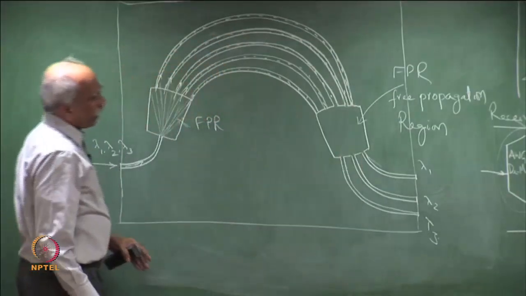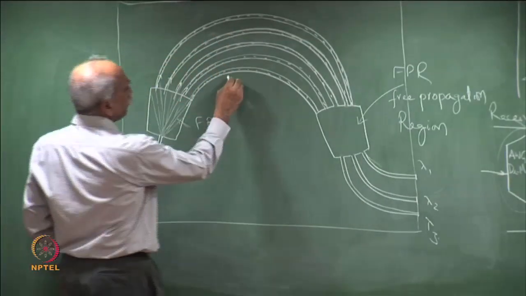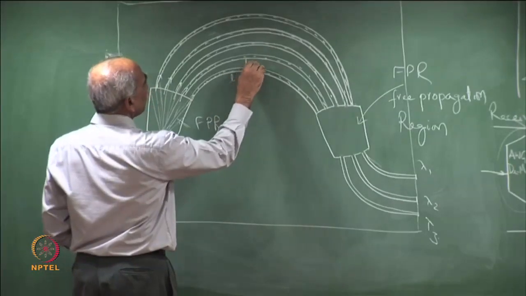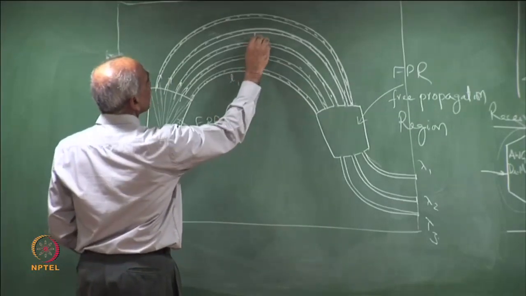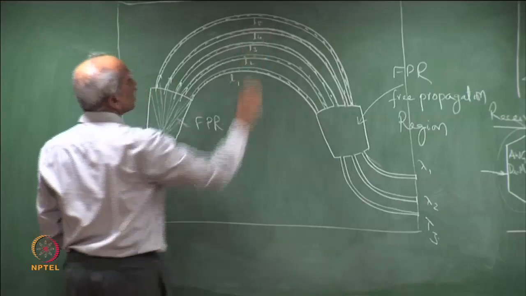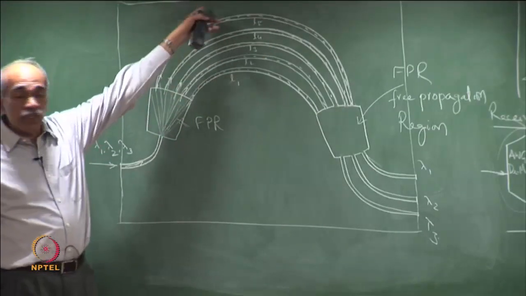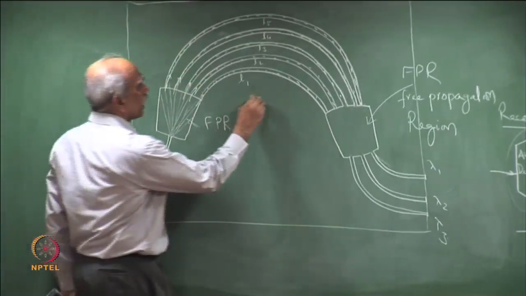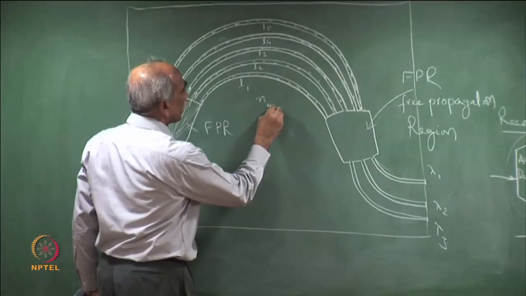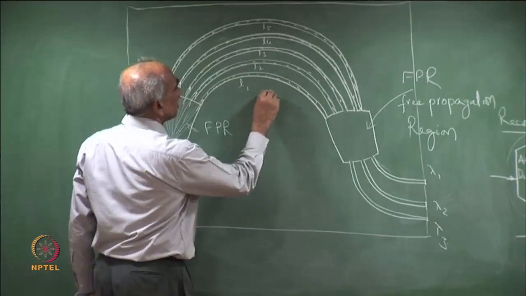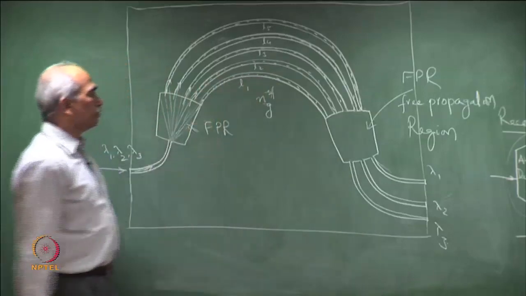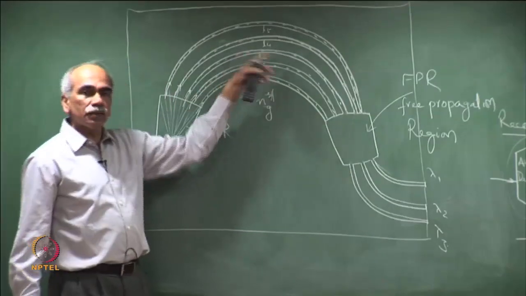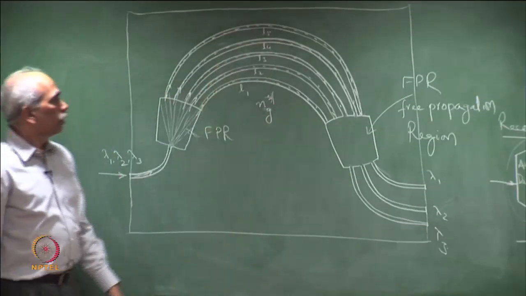As you can see, if these are lengths L1, L2, L3, L4, L5, usually the waveguides are all of the same dimension, so that the modal effective index N effective of the guides is identical.